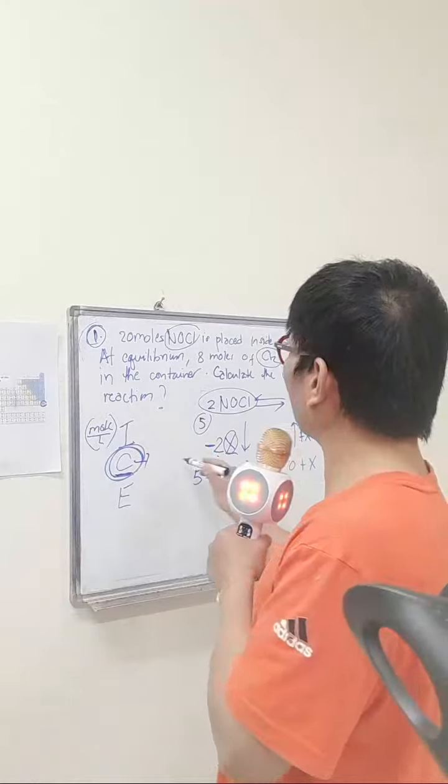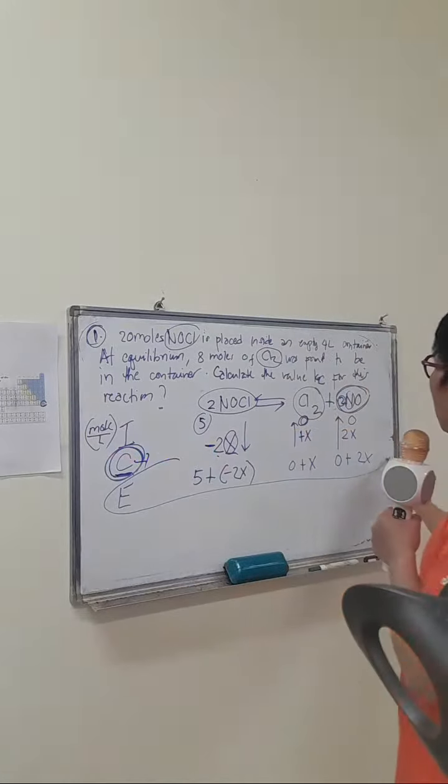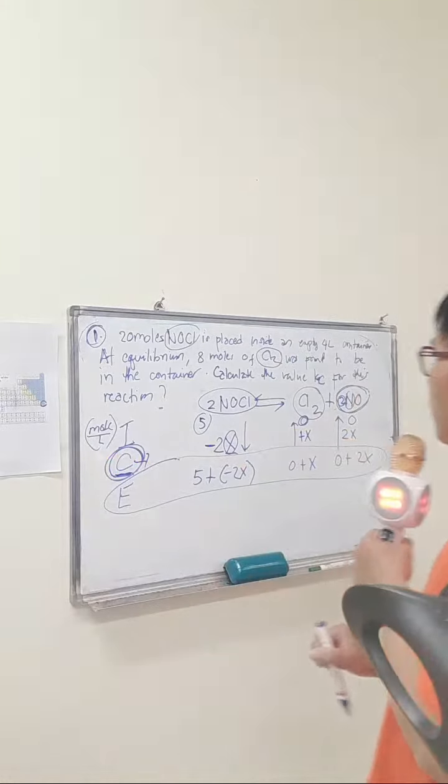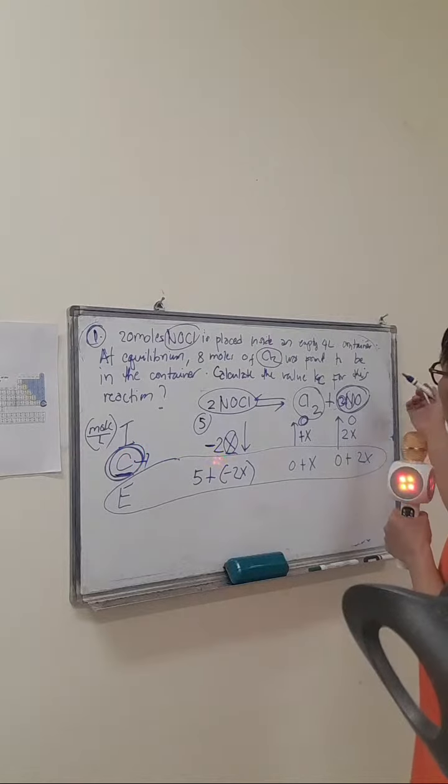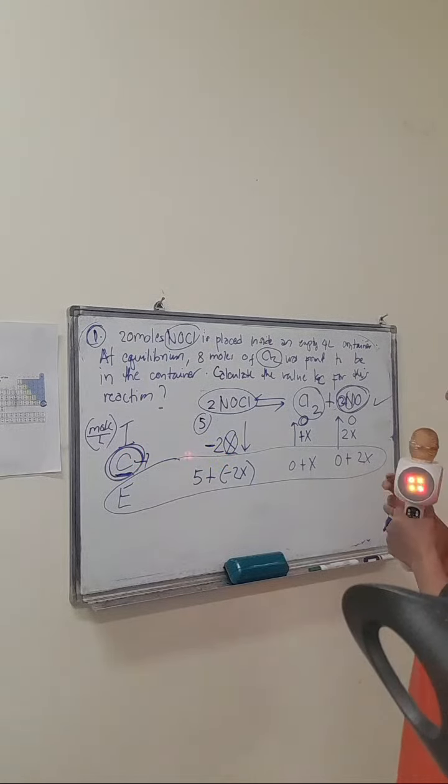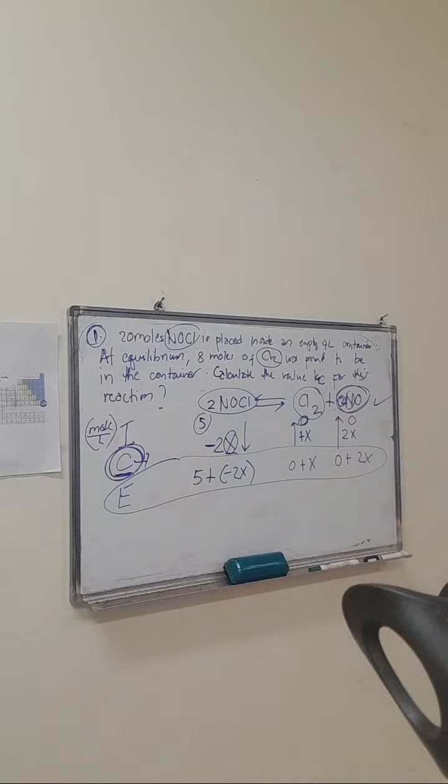We cannot focus only on equilibrium because our topic is chemical equilibrium. Now, how to compute for the value of Kc? Go back to your chemical equation at the top. Is there any condition left? At equilibrium, 8 moles of chlorine gas was found to be in the container.